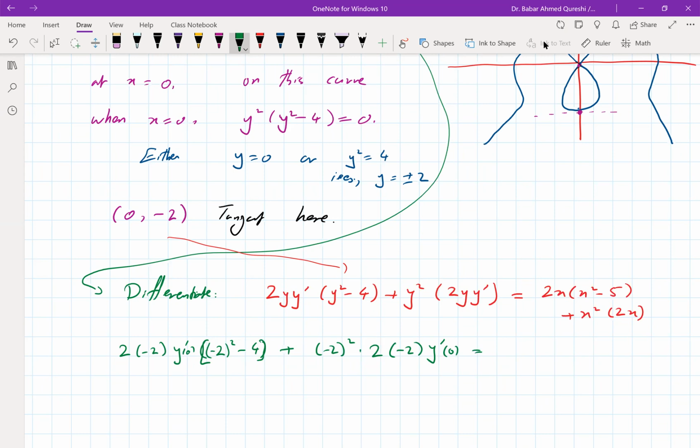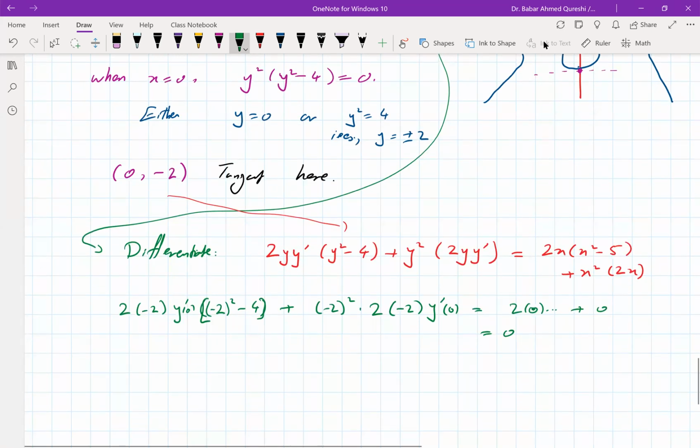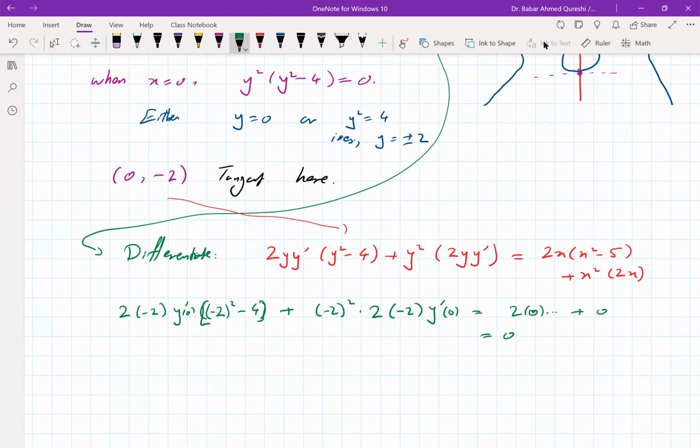And over here, I have a 0 here and a 0 here. So this side is 0. And over here, this guy is 4 minus 4. So this term goes to 0.